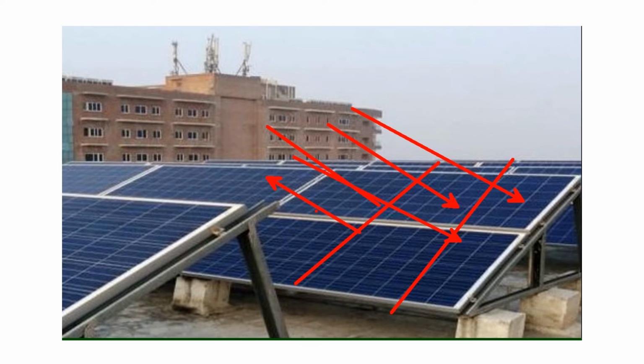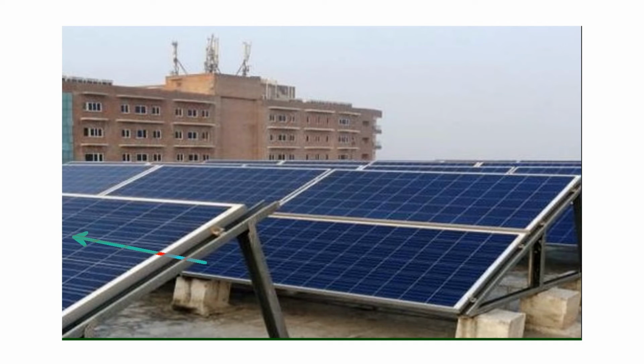So if we want to understand what the direction of this solar panel is, solar panels or plates are always facing the south direction, which we already understood. This is south, right?